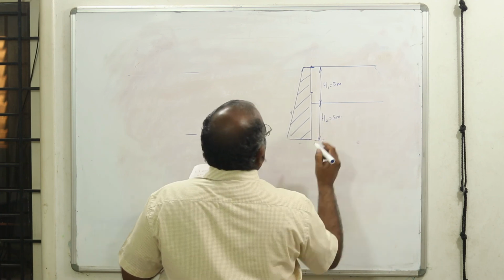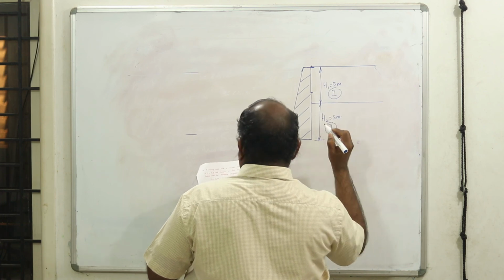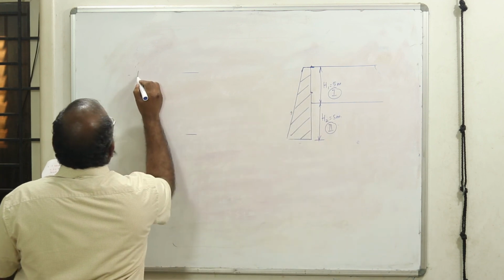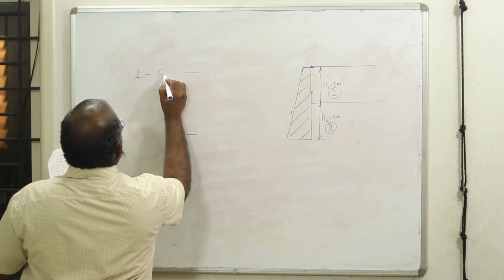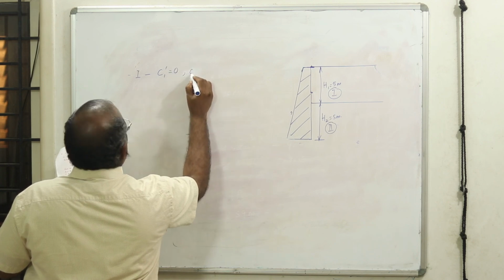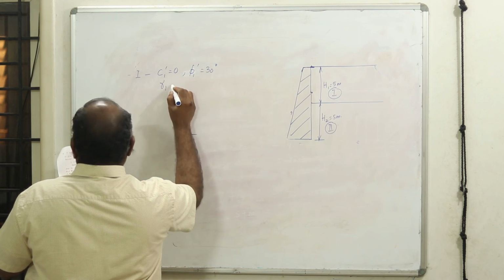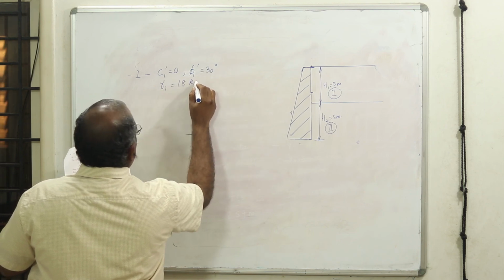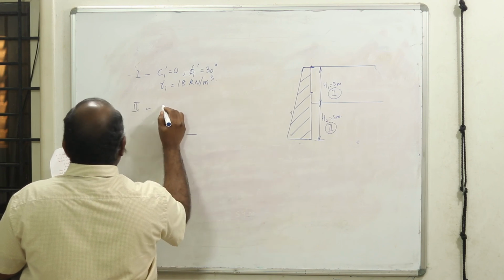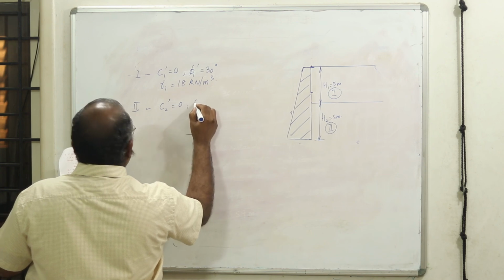Now this is layer 1, this is layer 2. Now the values of layer 1, you got C1 dash is equal to 0, means it's cohesionless. Phi 1 dash is equal to 30, and gamma 1 equal to 18 kilonewton per meter cube. Then layer 2, we have C2 dash is equal to 0, means there is no cohesion.